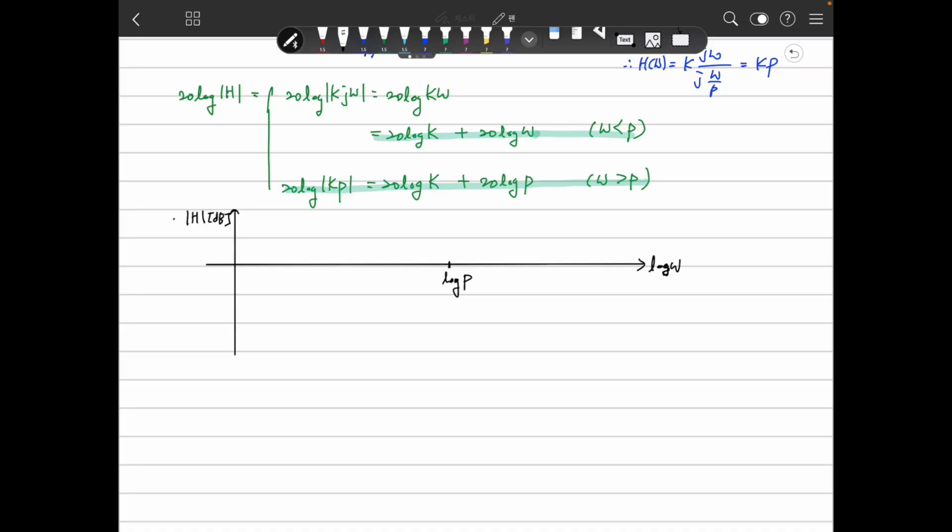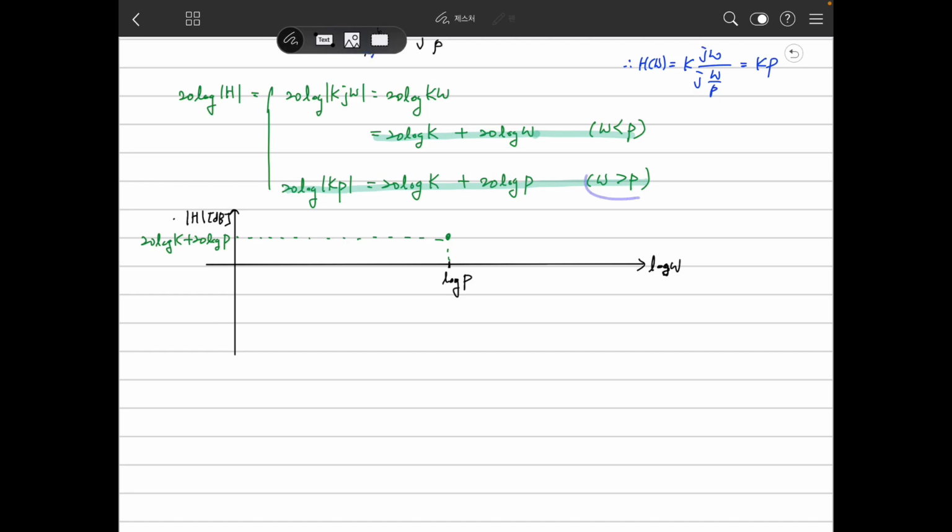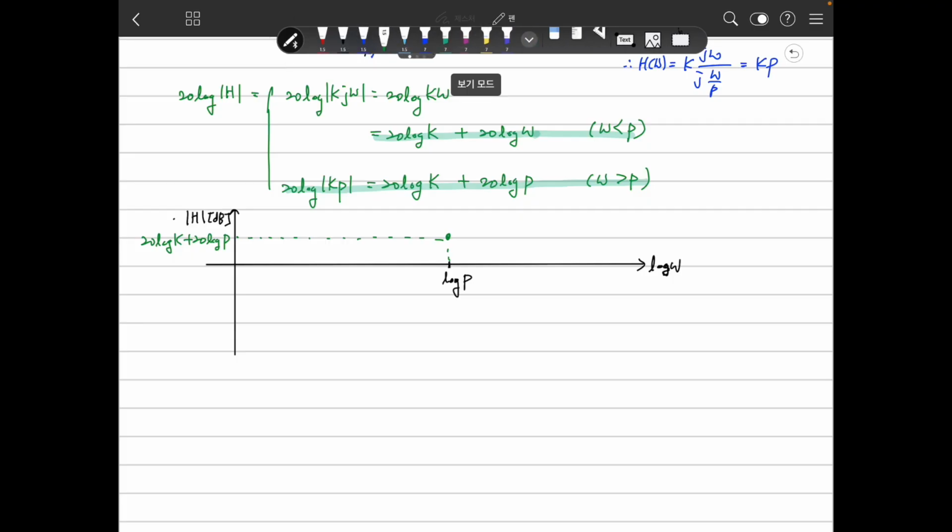So let's say at this point over here, maybe this point will be 20 log K minus 20 log p. So when omega is larger than p, this variable is constant, so we can use this line here.